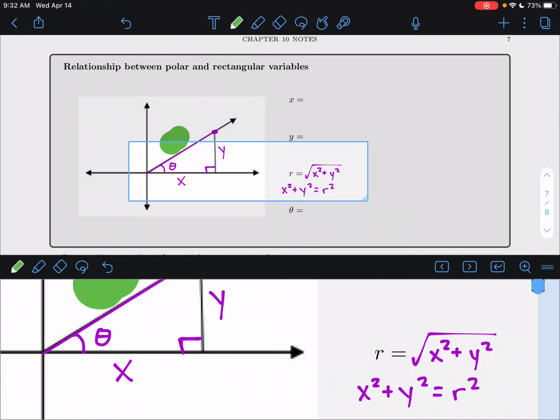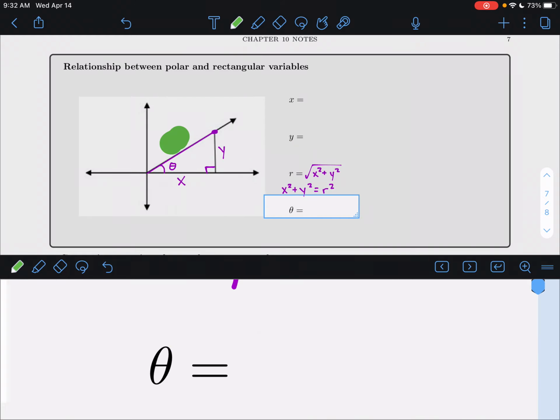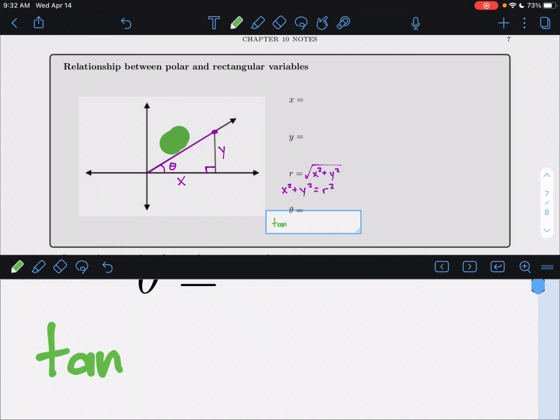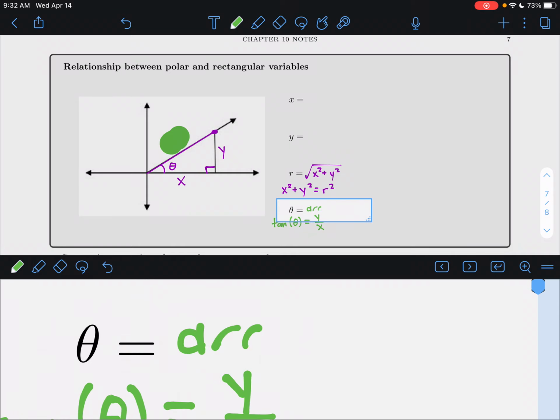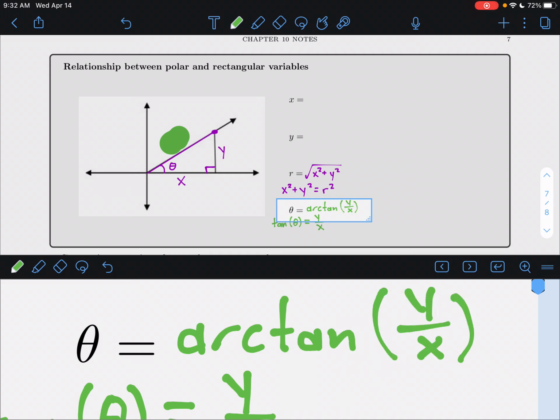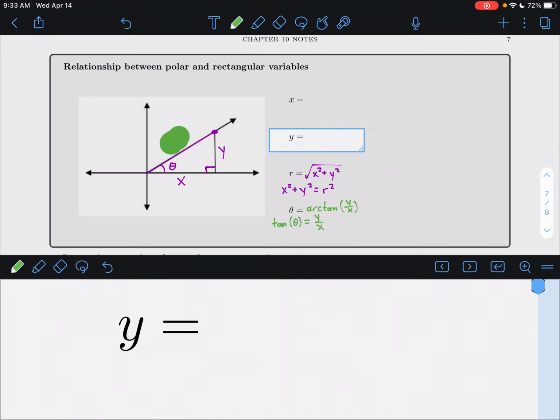So if I have the opposite and the adjacent, then I'm able to say, think of SOHCAHTOA, back to geometry, the tangent of that angle is opposite over adjacent. So theta is the arctangent of y over x. So that's how to write r and theta in terms of x and y.